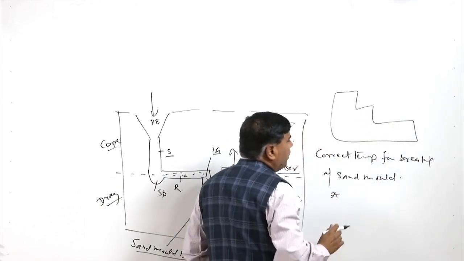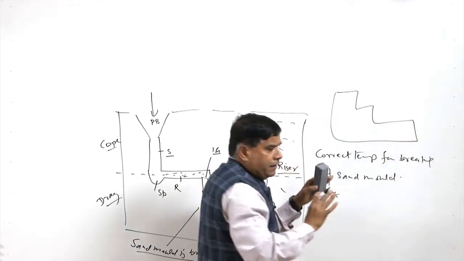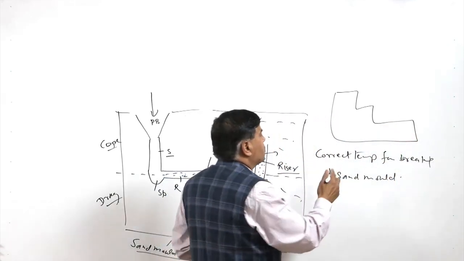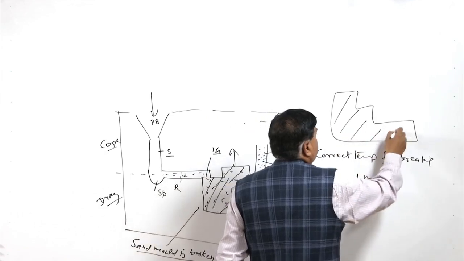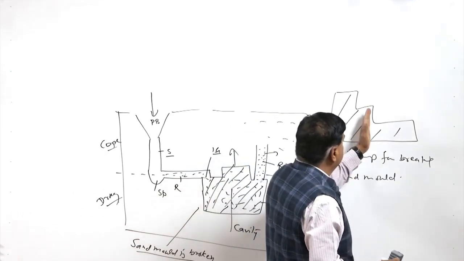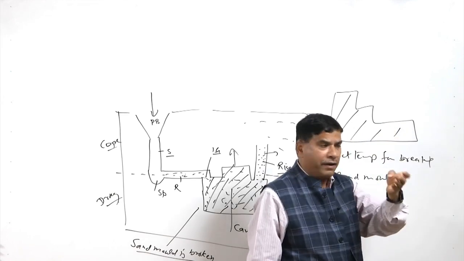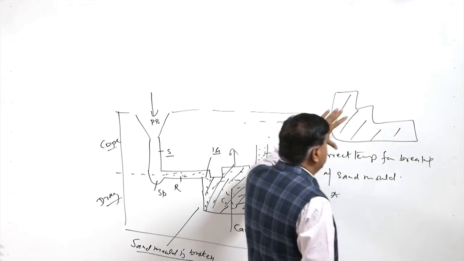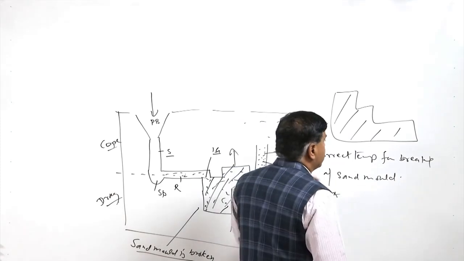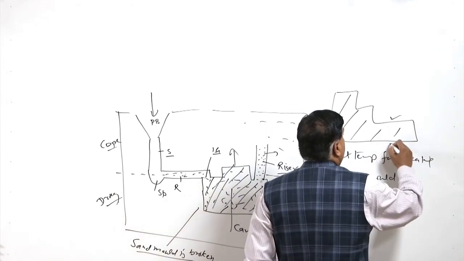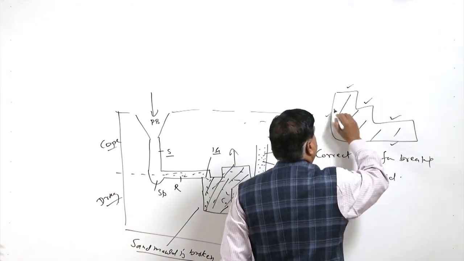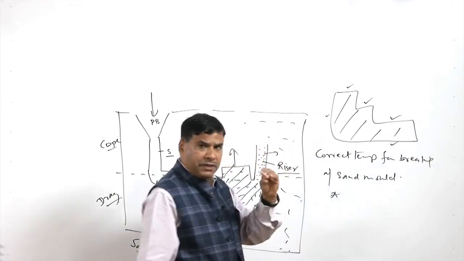So, after breaking the sand mold, when it is exposed to the air, the different sections having different sizes behave differently: those which are thin will be cooled rapidly as compared to the heavier sections. Similarly, the skin of the casting will be cooled at a much faster rate than the material in the core.